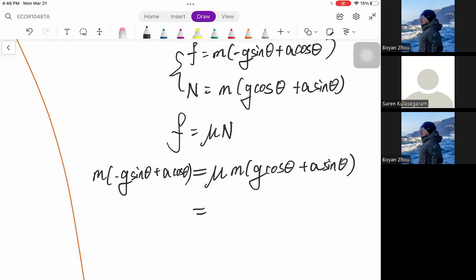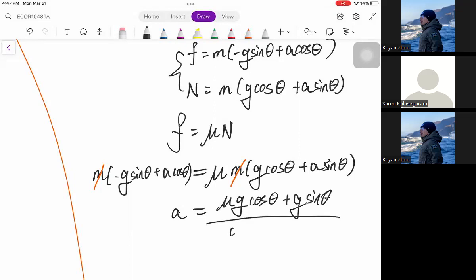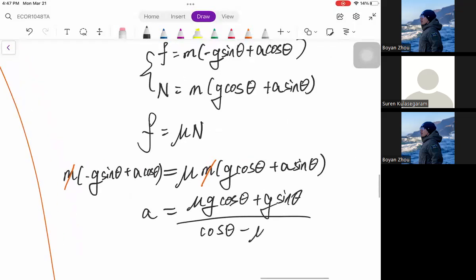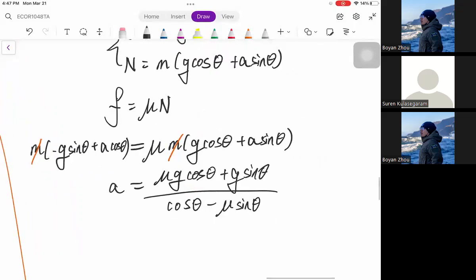And then we just isolate for A, and again the mass can be canceled out. So A will be equal to mu G cosine theta plus G sine theta, and the denominator is cosine theta minus mu sine theta. So that is for the maximum acceleration.